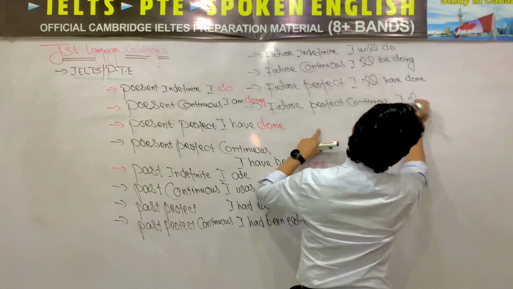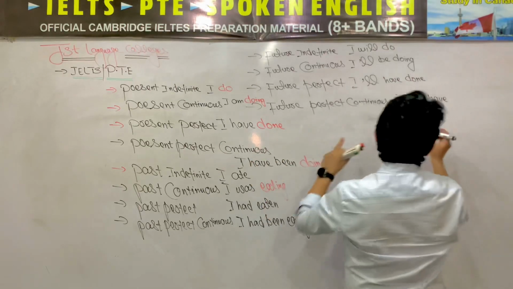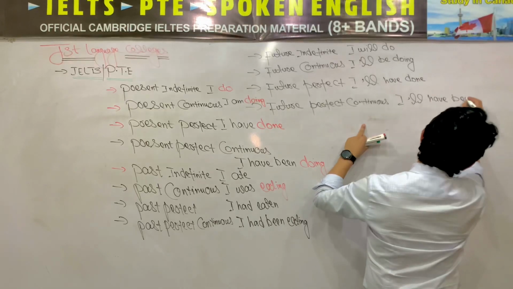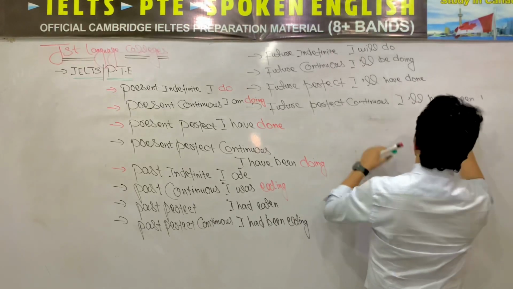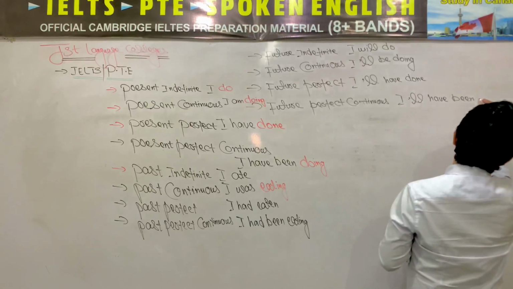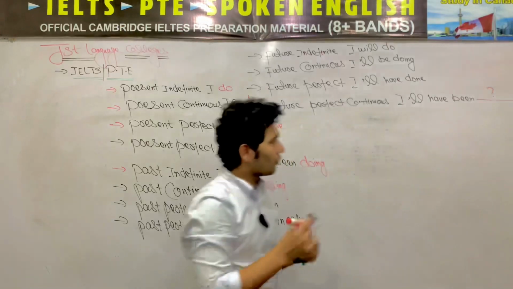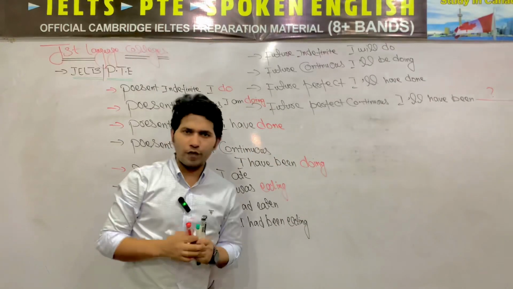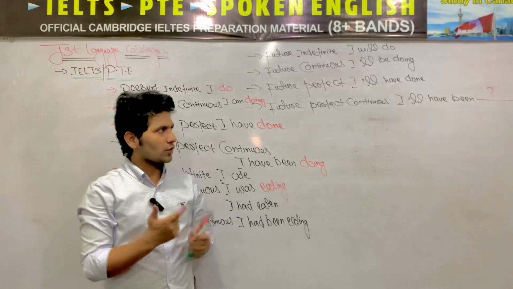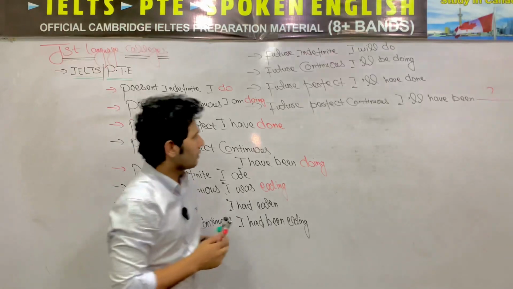Then I'll have been. Here I am leaving this blank, and you have to tell me which form of the verb will be here and what the next one will be. You have to tell me in the comments as well.